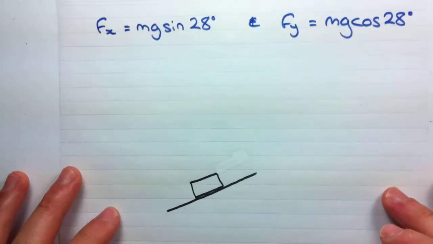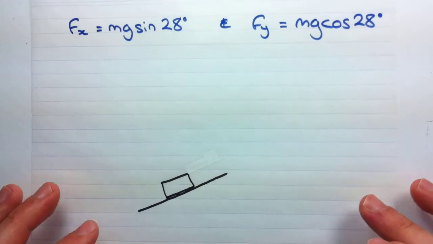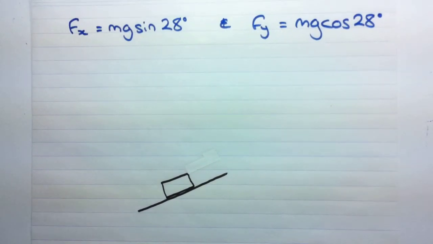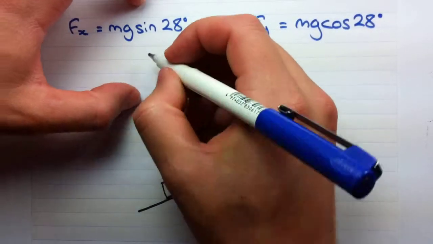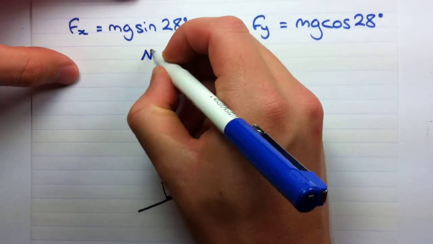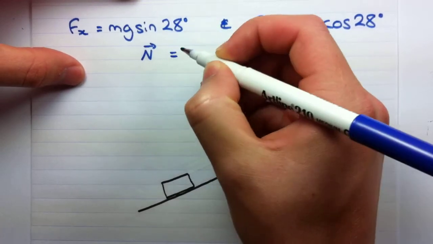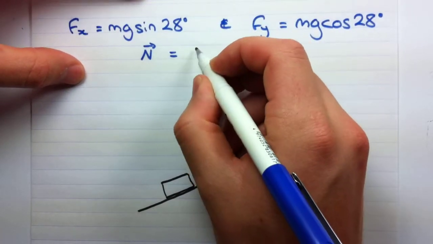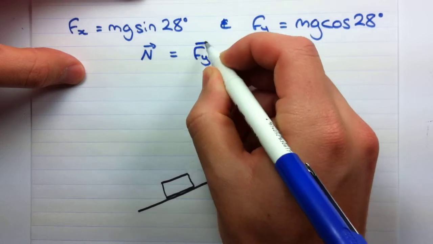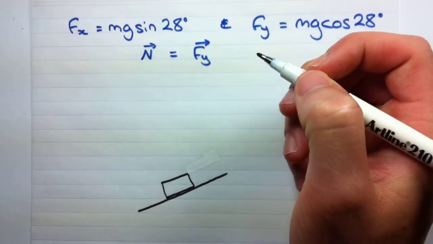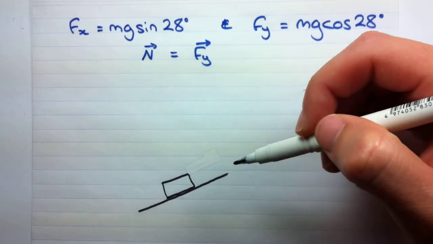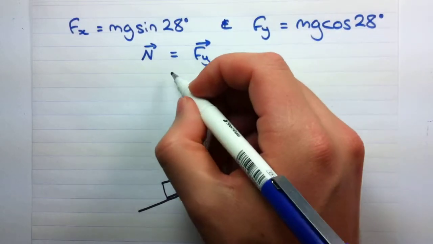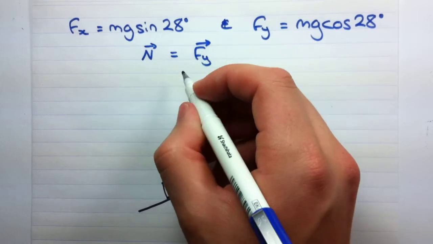So we've got our values written there. Now, from the diagram and from our concepts, the normal force ended up being opposite to the y component of the gravity force. Because that's in equilibrium, because the block's not flying off the plane, those two forces must be equal and balanced.